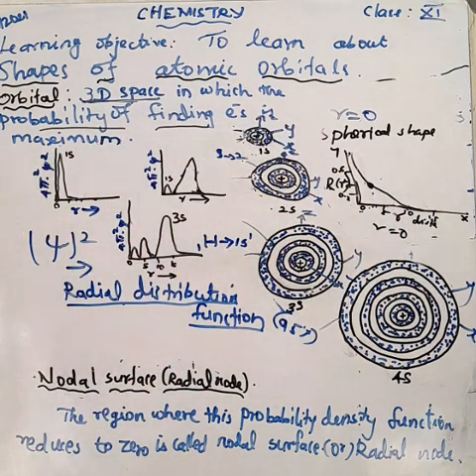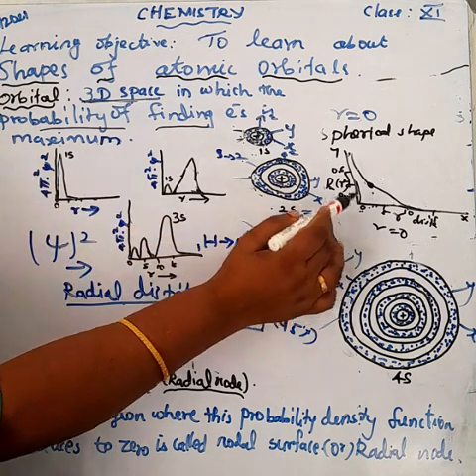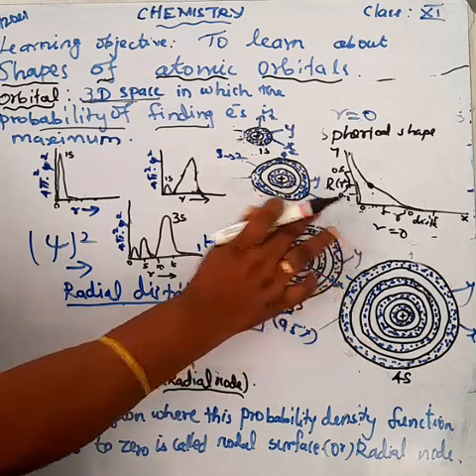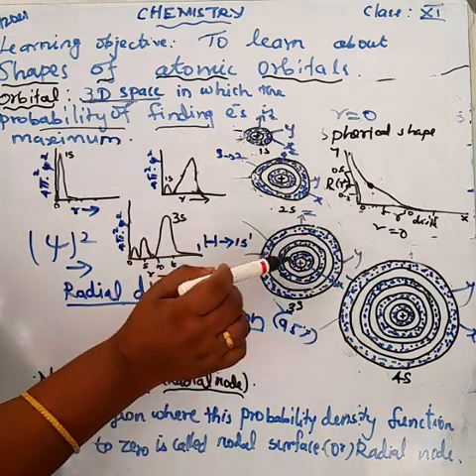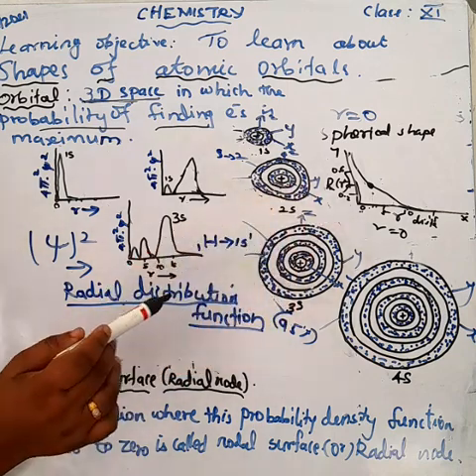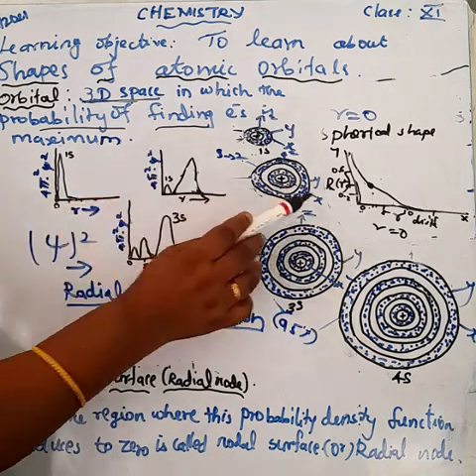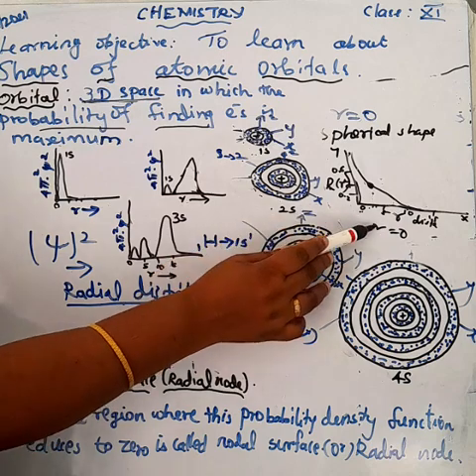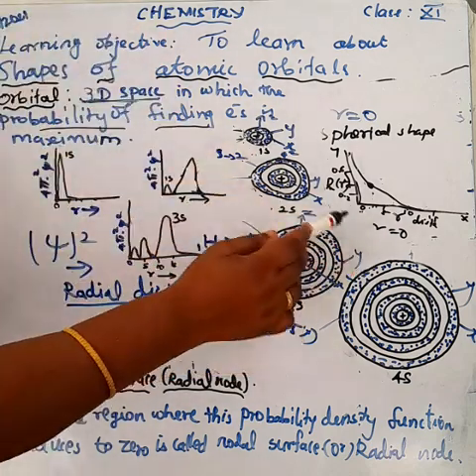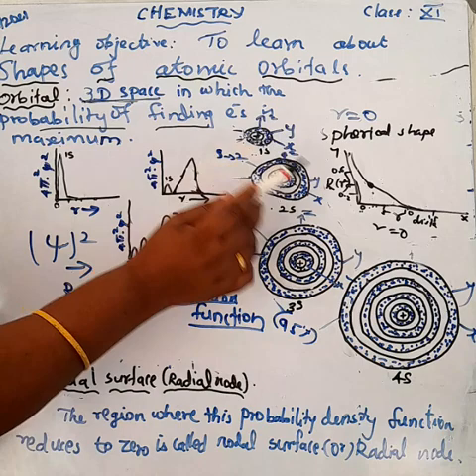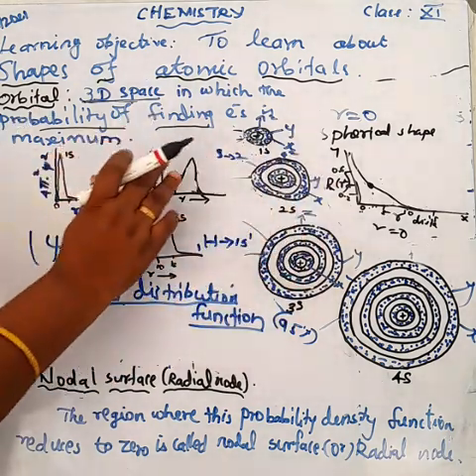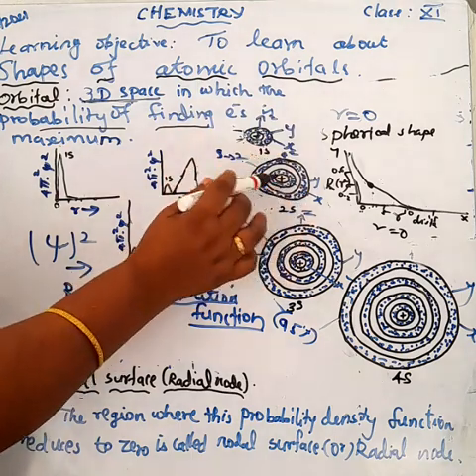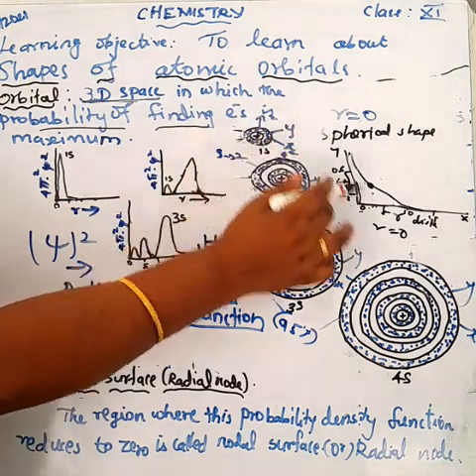So from this graph, we can understand that the probability depends on the distance between the nucleus and the electron. When the electrons are very close to the nucleus, the probability is maximum. When the distance from the nucleus increases, the probability decreases.